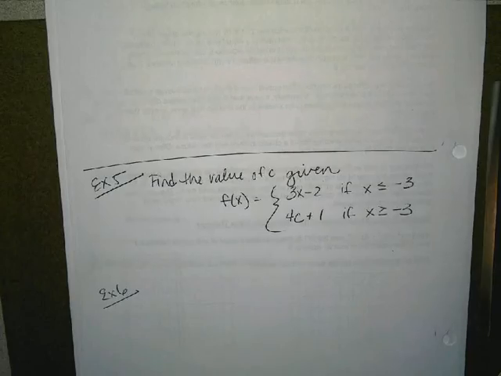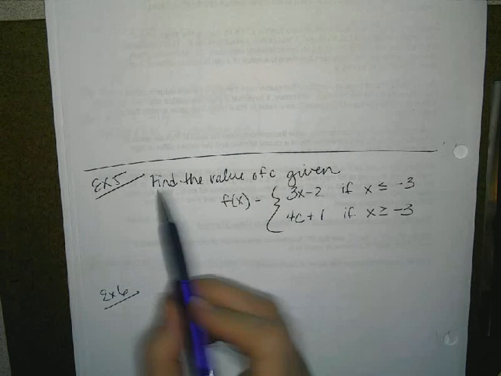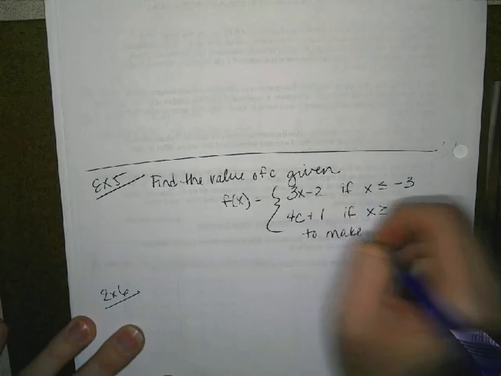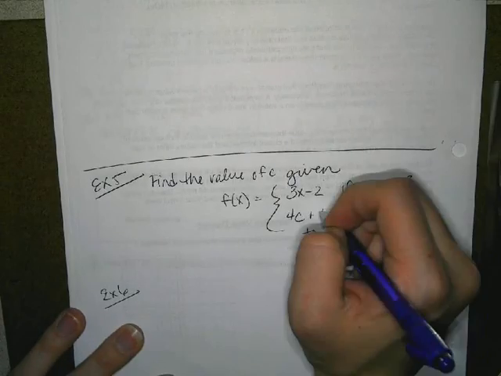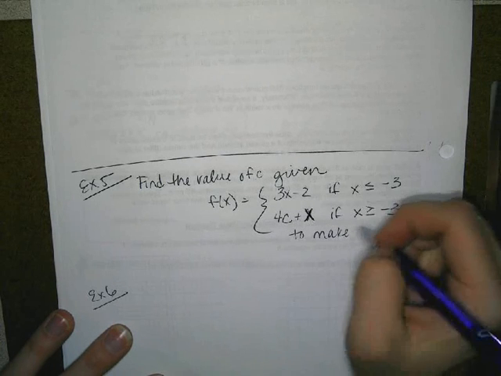Okay, so this is very similar to one we kind of already did together. Find the value of c given this to make, that should be x, to make f of x continuous.